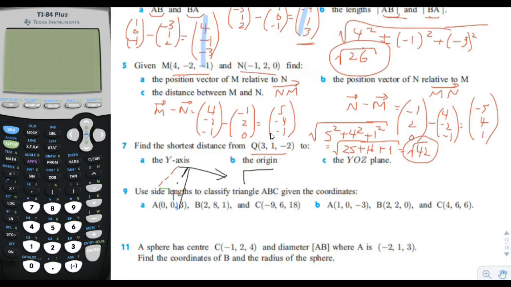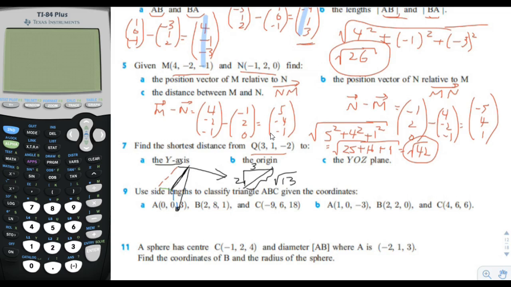This black part here is 3 long, and the blue part there is 2 long. So what they want is this distance here, which using the Pythagorean Theorem would be the square root of 2 squared plus 3 squared, so the square root of 4 plus 9, the square root of 13. Okay? So the distance from this point to the y-axis is square root of 13.